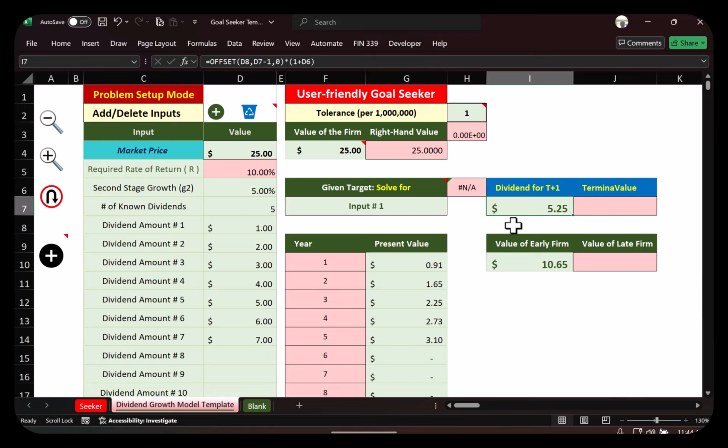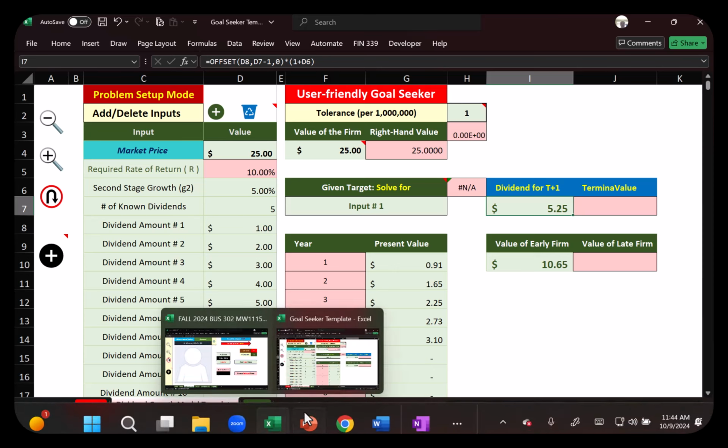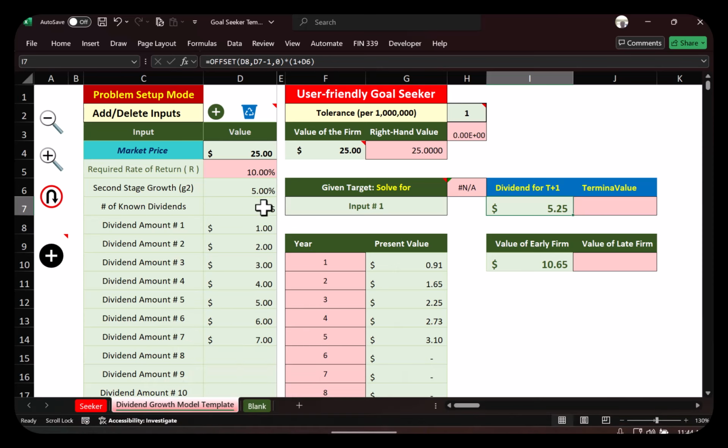Let me see. This should be D37 minus 1. Okay. I made the mistake originally, but I changed it. You offset by t minus 1 rows. Or you could have referred to here and offset by t. Either way.